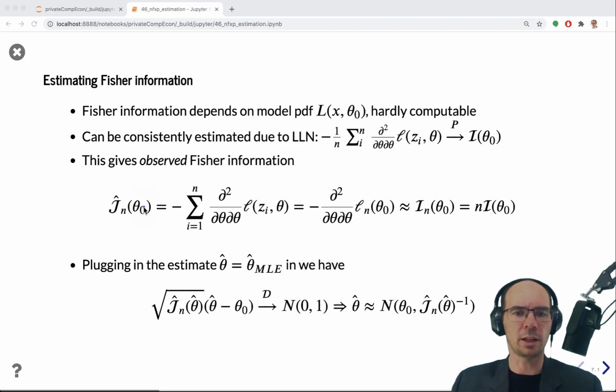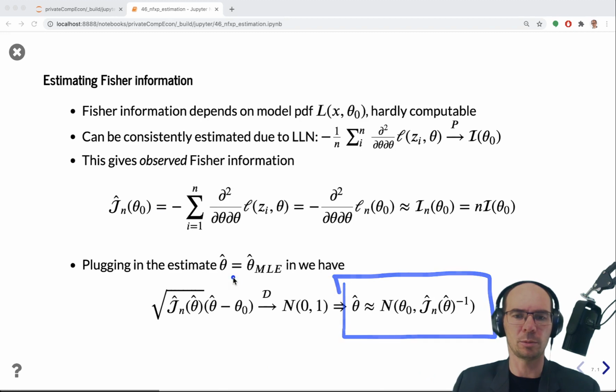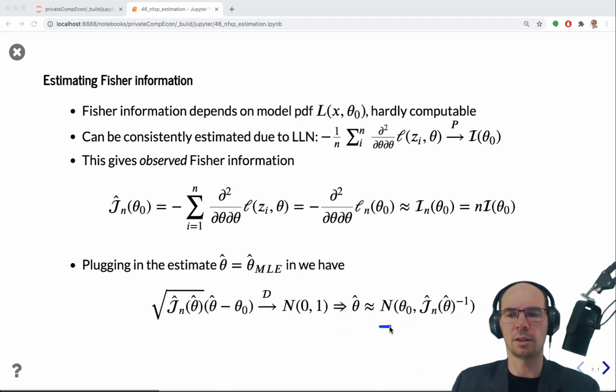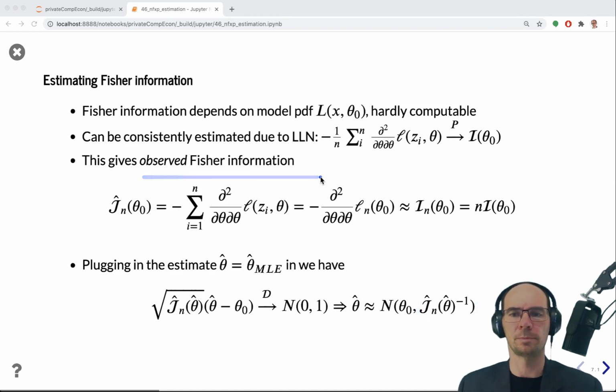All right, we still can't calculate this because it depends on the true value of the parameter, and here we take the standard step of plugging in the estimate itself into the formula. This leads to the MLE estimate being distributed normally, roughly, not completely precisely, centered around the true value of the parameter, and having the variance covariance matrix given by the inverse of this observed Fisher information.